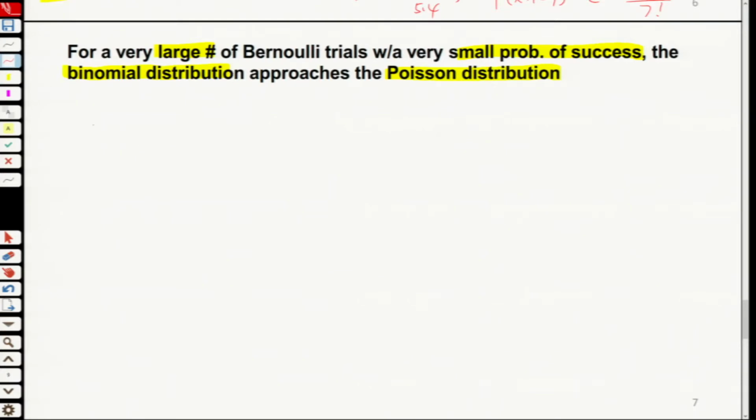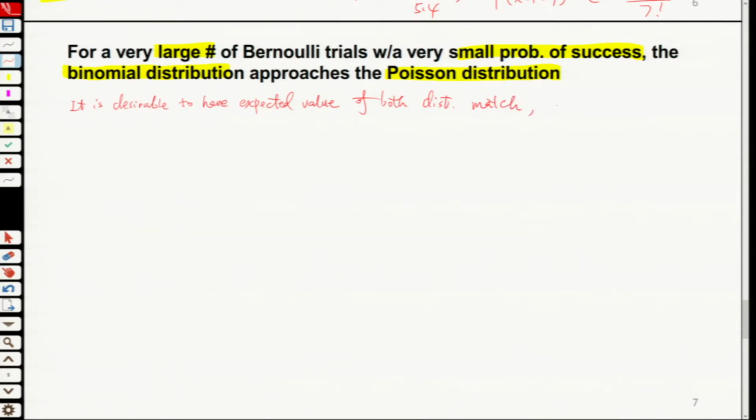So before we get started, it is desirable to have the expected value of both distributions match.